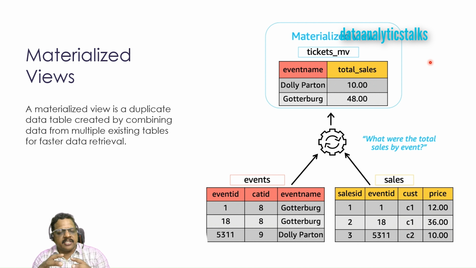When I create a materialized view, the difference is that it is going to create a duplicate, physical data table and populate the data, and that is going to help you retrieve the data as fast as possible. So that is what is meant by a materialized view.